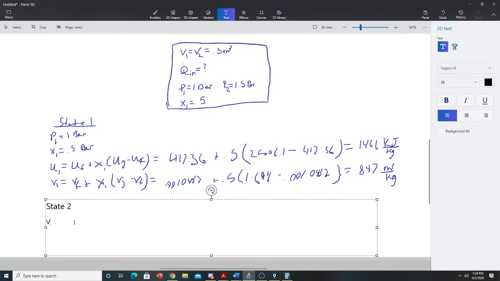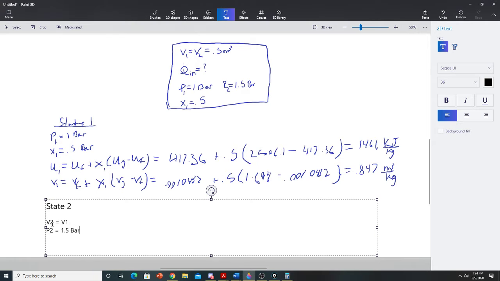So total volume 2 is equal to total volume 1, right? We also have pressure 2 is equal to 1.5 bar. So right now, is there any way that we can solve this? You might think, oh, well, we have two intensive properties, right? Well, the problem is, could you with that knowledge tell me if our thing is superheated or saturated or subcooled?